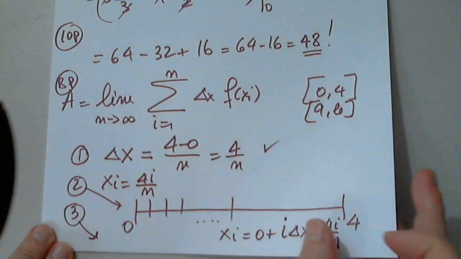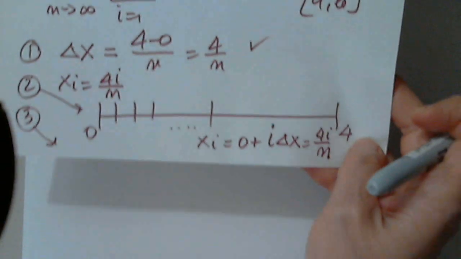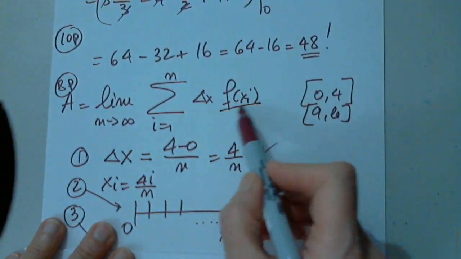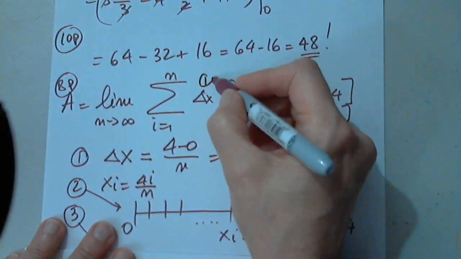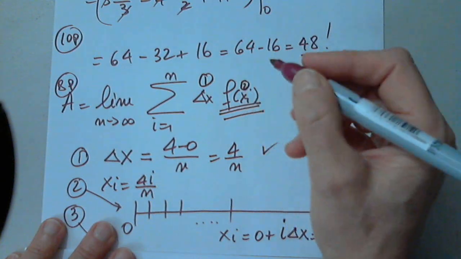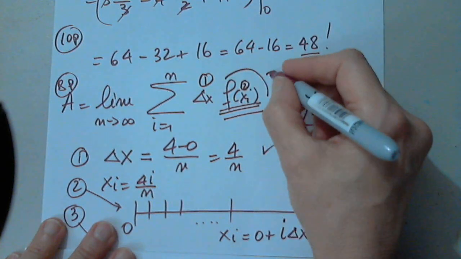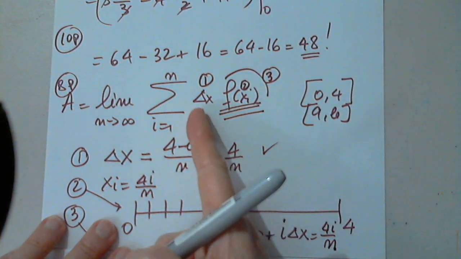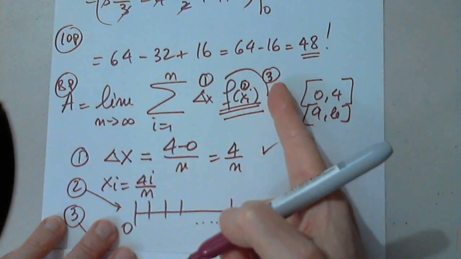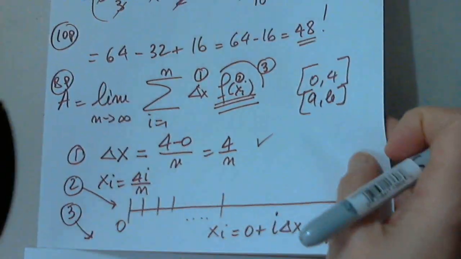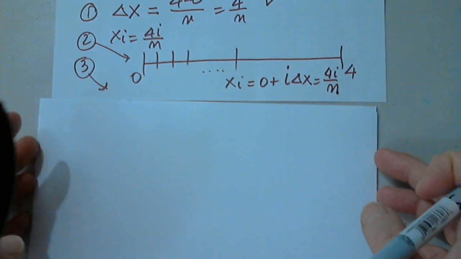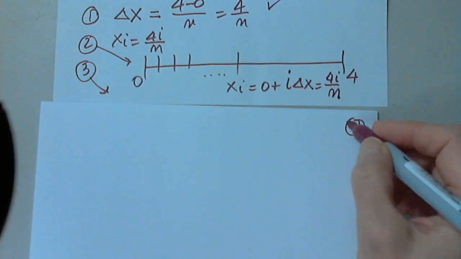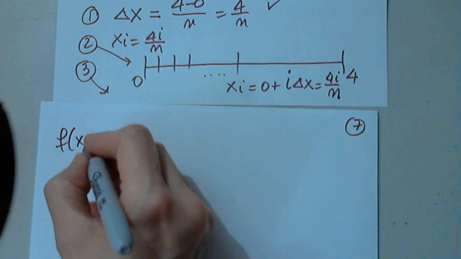Prep number 3 on the next page is f of x i. So this is prep number 1, inside here is prep number 2, and this is prep number 3: 1, 2, inside 3, the function. Which page am I on? 7. So I want to find f of x i.